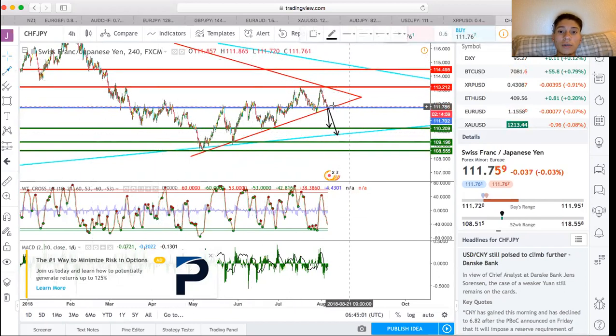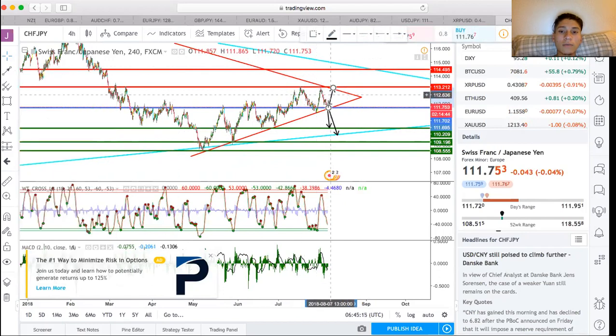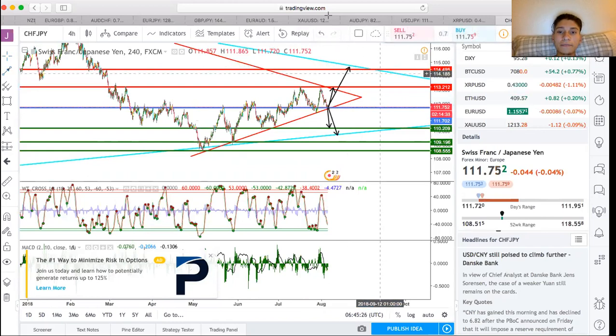If it decides to respect this, we profit all the way here. And if it breaks that also, if it breaks our daily trend line, or counter trend line at least, we're going to ride it to this one up here, which is still in our sell zone. You know what I mean?